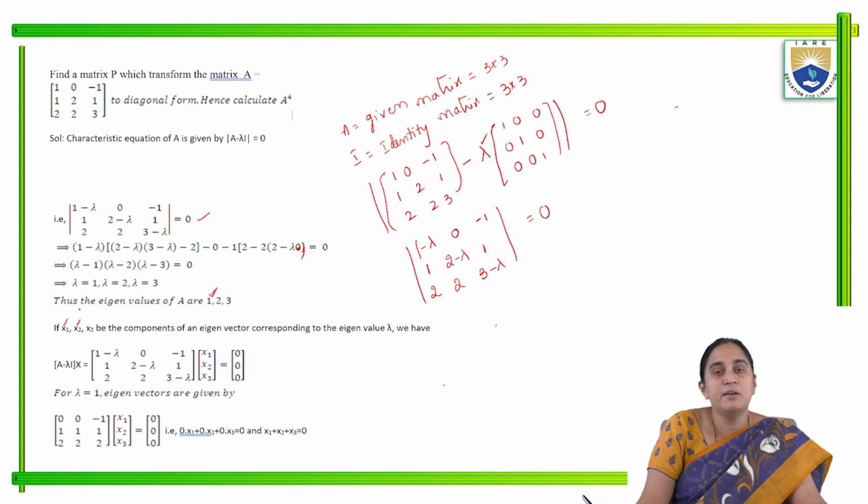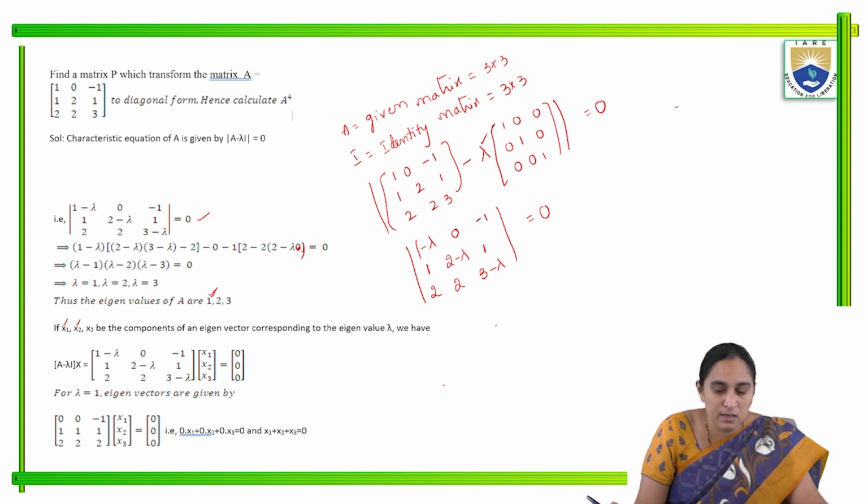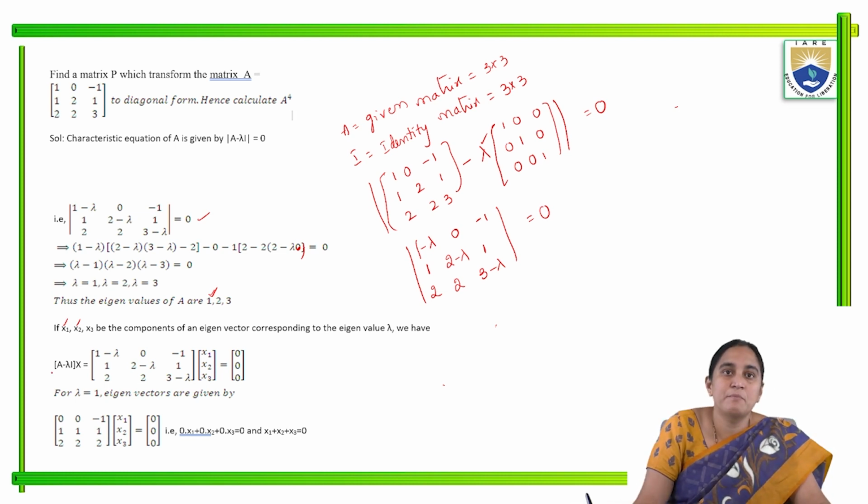And similarly, for lambda is equal to 3, we assume the corresponding eigenvector as x3. Now we have to find x1, x2, x3 through the concept. The formula for finding the eigenvector for each eigenvalue is (A minus lambda I) into X is equal to 0.